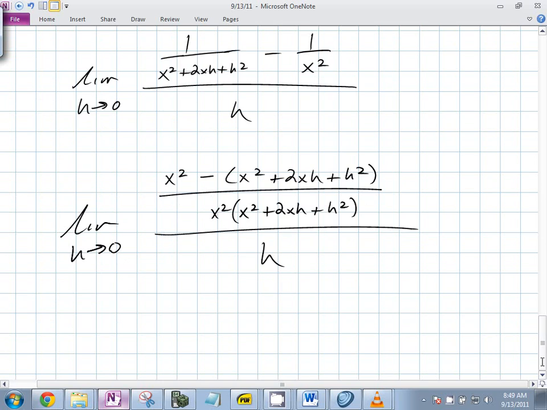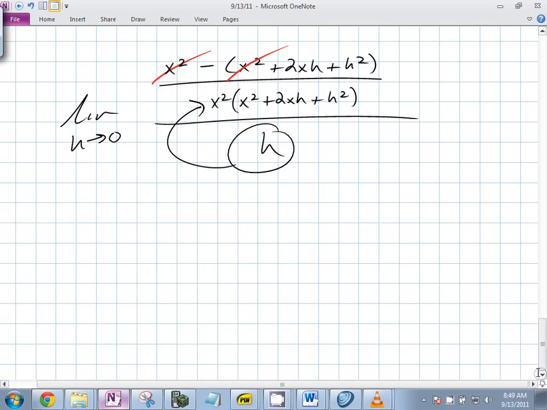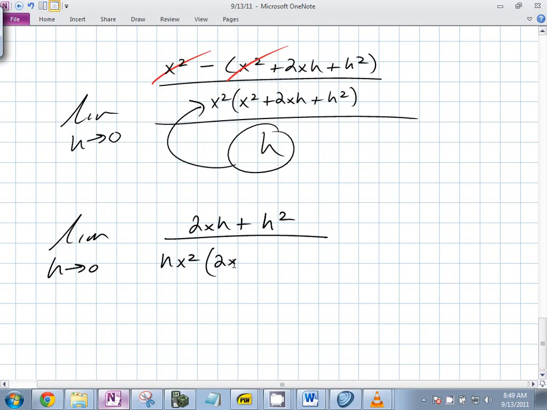Does something cancel? The x squareds cancel, and you can bring that h right up to there. So what are you left with? You are left with the limit as h goes to 0 of 2xh plus h squared all over h x squared times x squared plus 2xh plus h squared.